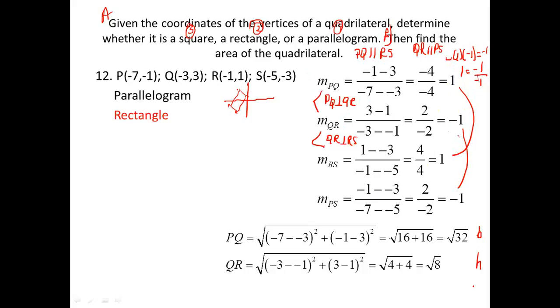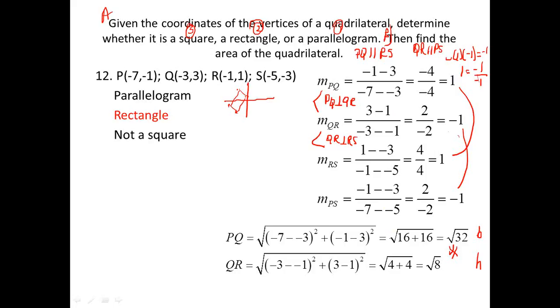So I kind of need them anyway. So there's my base and height. These are not the same. So if two sides are not the same, that means I don't have a square because they have to all be the same. So I don't have a square.